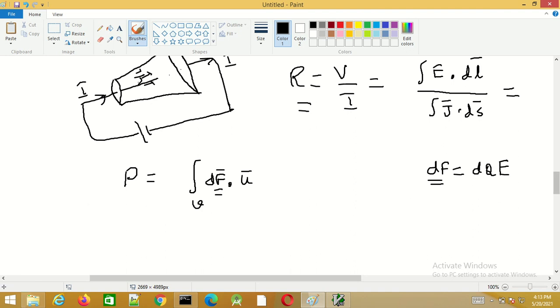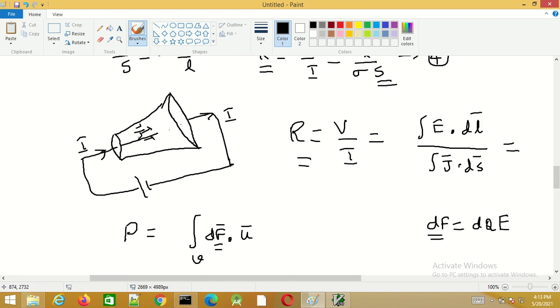The charge inside is given by dq is equal to rho v dV.